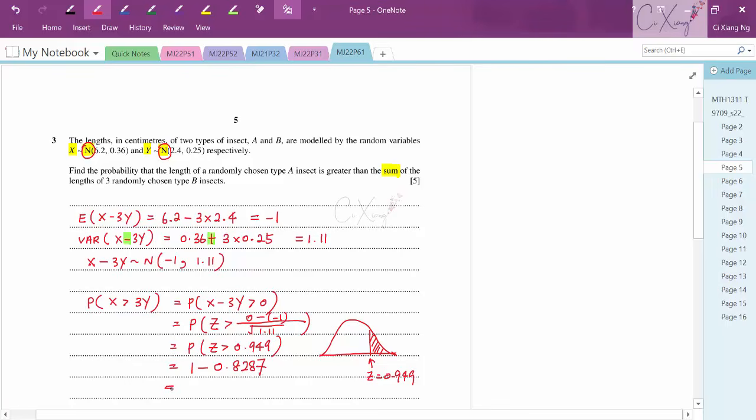Okay, and then from here we can simplify the value, correct to 3 significant figures, where it should be 0.171. Okay, so this is how we actually solve the linear combination probability question.